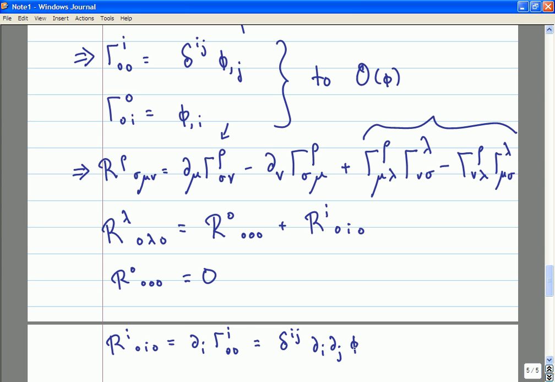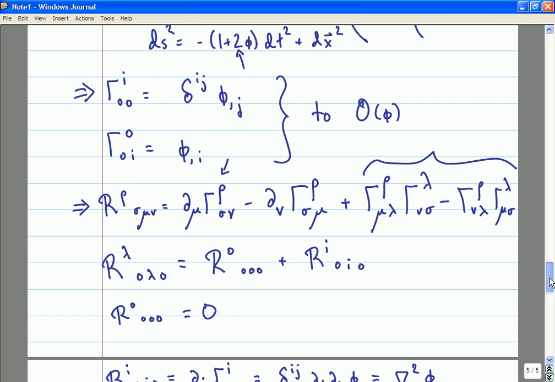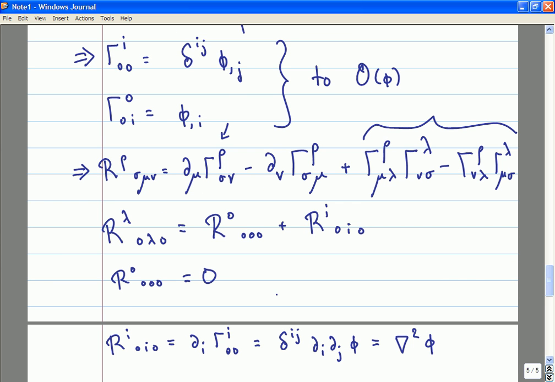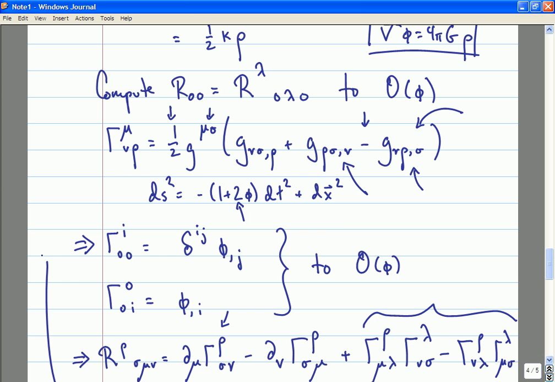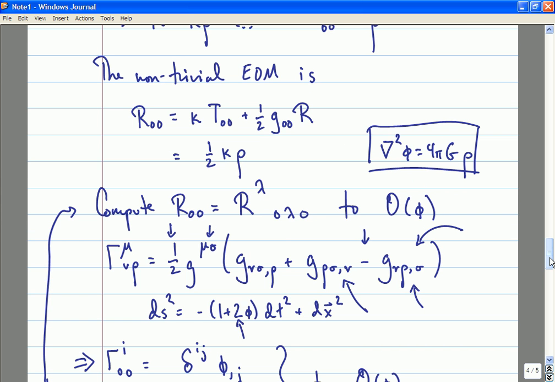There's a name that we usually give this particular combination of second derivatives of a scalar function. This is what we call the Laplacian of phi. So if you plug this in here, and then plug that all the way up into our formula for the Ricci scalar, and then plug that in here, what do you get?